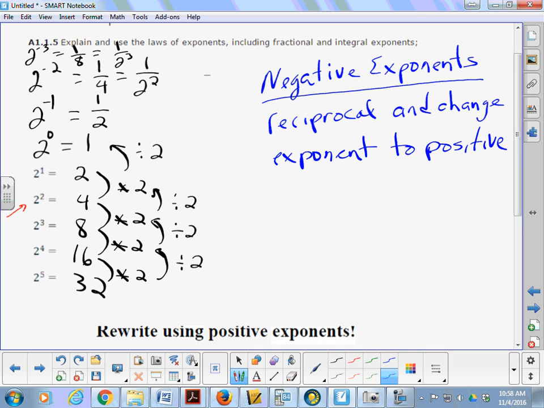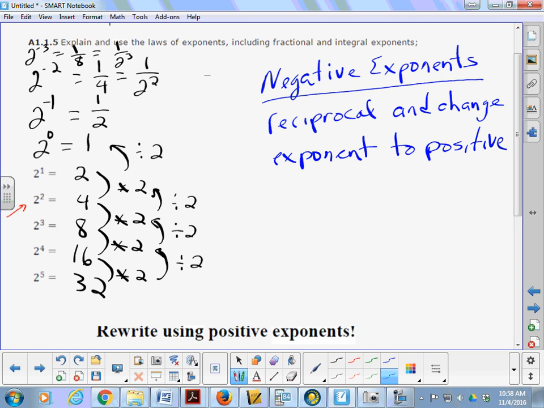Another way to look at it is that right now our exponent is in the numerator. We're going to move it to the denominator and make it positive also. So whenever we have a negative exponent, we change it to a positive exponent. We just move it to the other part of the fraction.